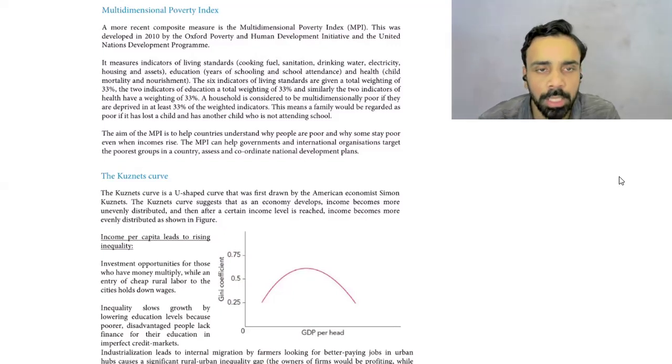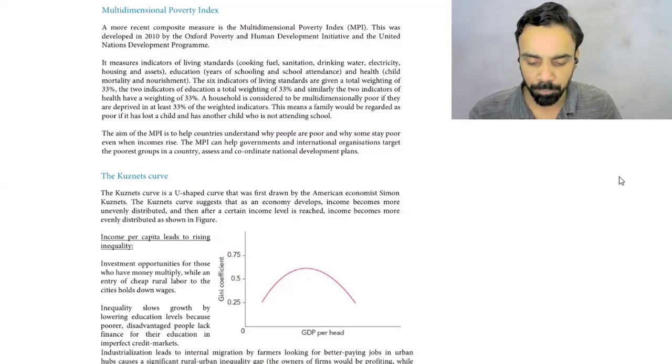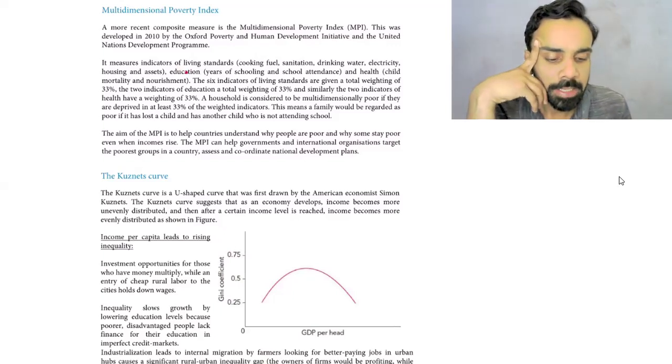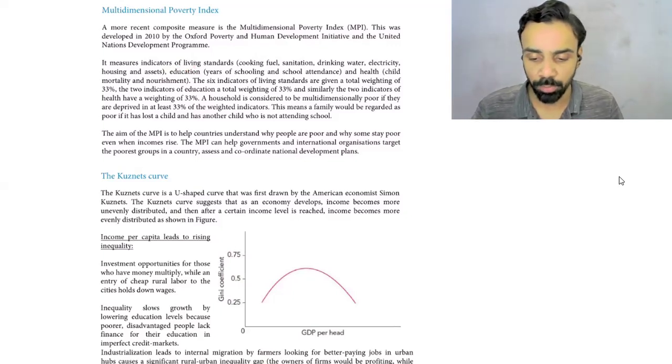It's a credible organization. Basically, the multi-dimensional poverty index, MPI, is much more detailed. Okay, it takes more things into consideration. For example, it takes living standards. In fact, when you're writing, you want to break it down into indicators: living standards, education, and health. It's pretty much a similar thing.